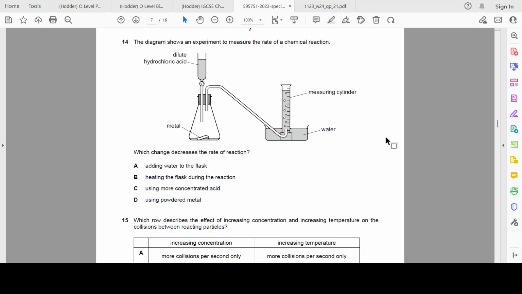I'm asking you, this is not the question. There's a piece of metal in the conical flask, and you're adding dilute hydrochloric acid to it. There's a tube going into an inverted measuring cylinder, there's water, and you can see bubbles. So there's obviously a gas being produced. What's the gas being produced?